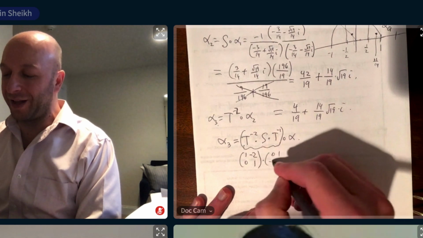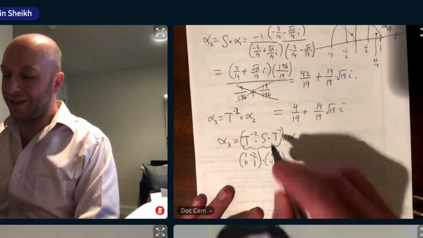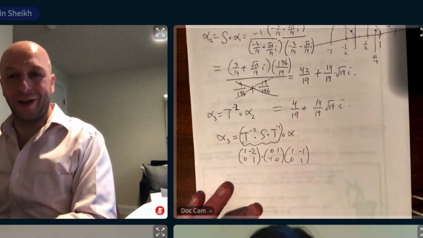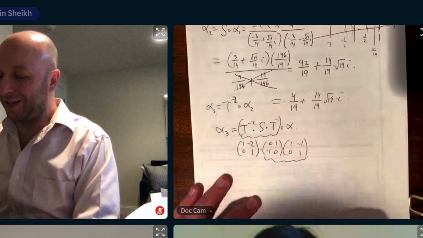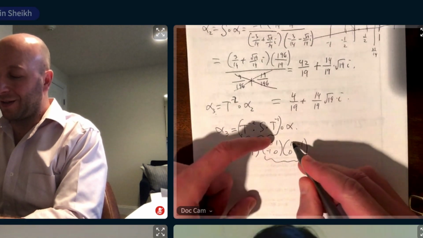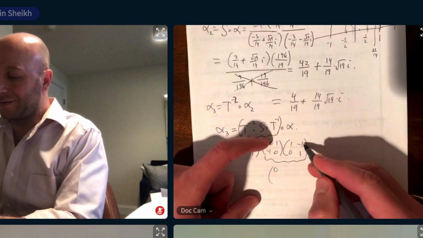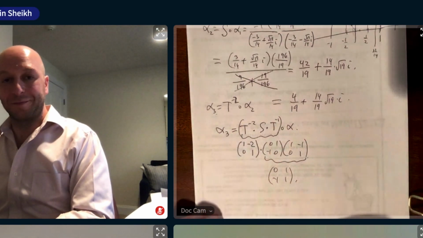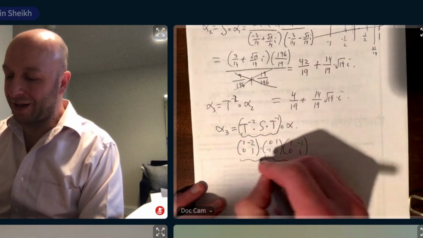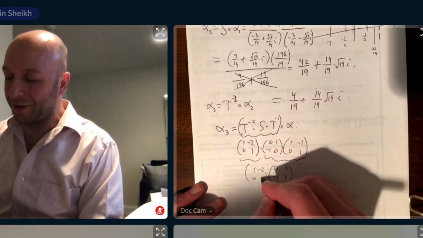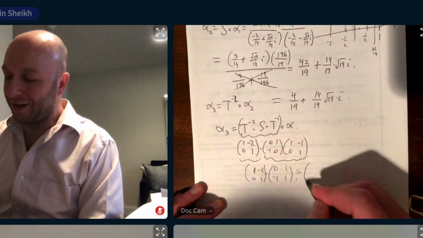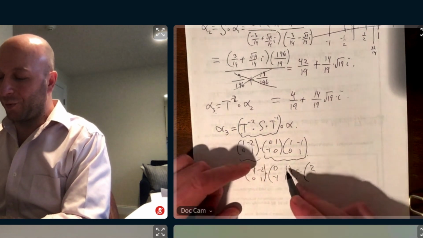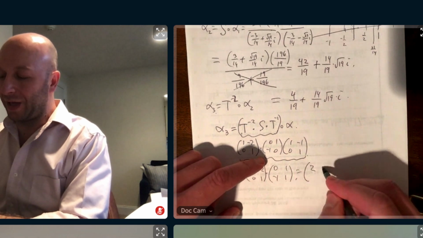S is 0, 1, negative 1, 0. T inverse is this. Let's multiply out these matrices. This matrix multiplication is pretty easy: 0, 1, negative 1, 1. Did I do that right? And so that times this, 1, negative 2, 0, 1, comes out to 0, 1, then 1 minus 2 is negative 1.